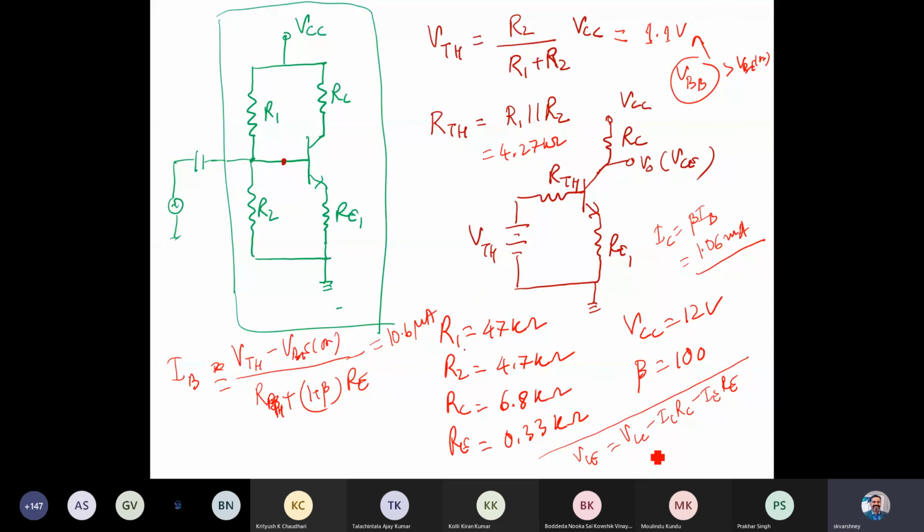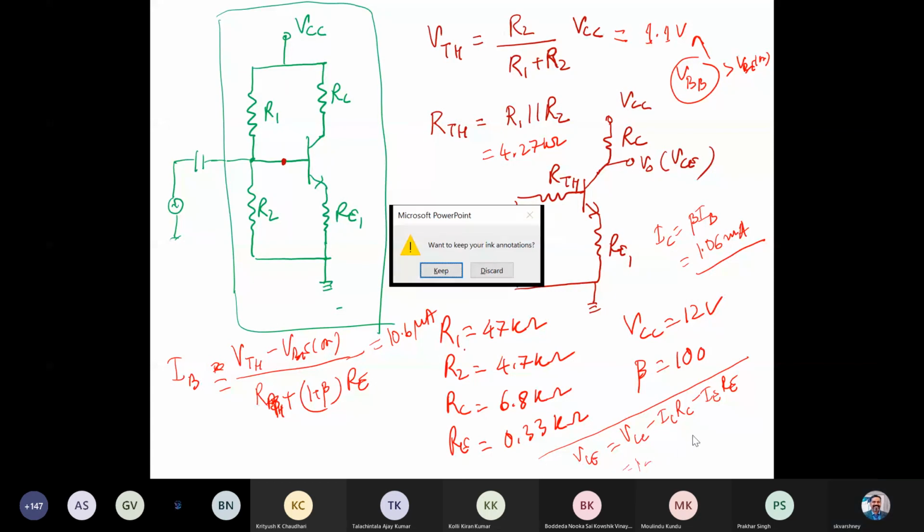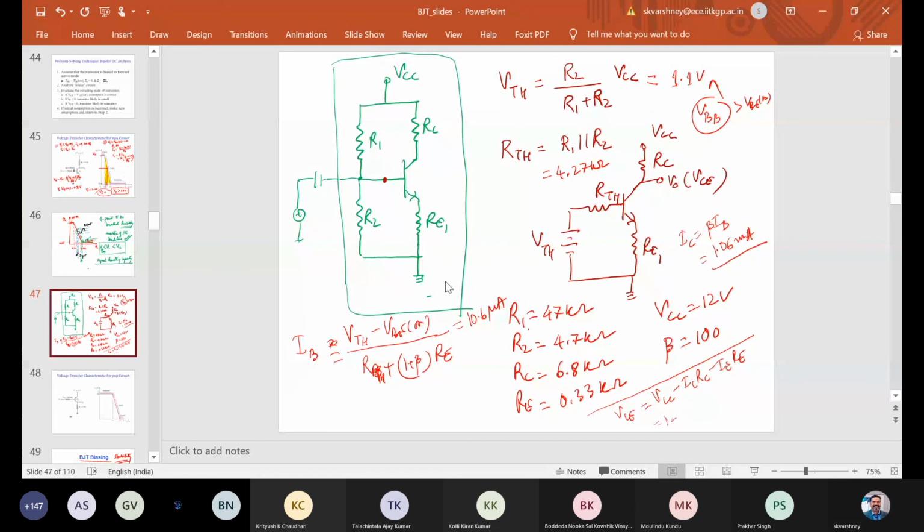VCC is 12 volt. How much? 4.43 volt, VCE.